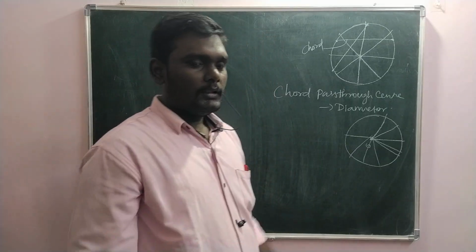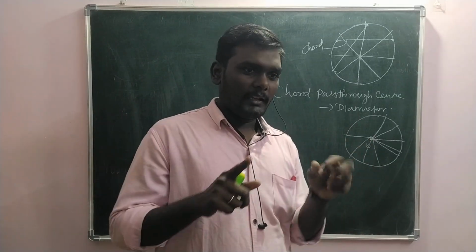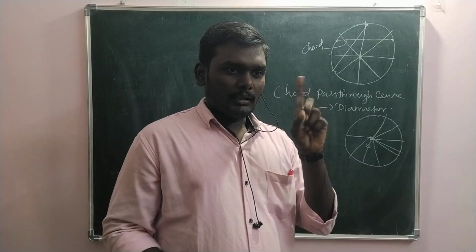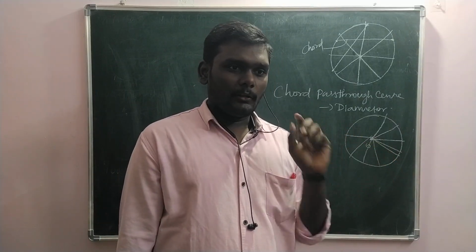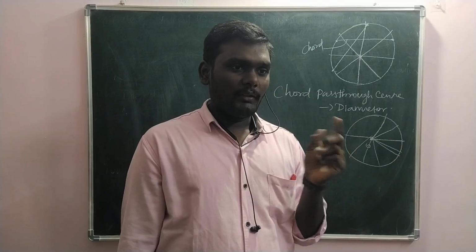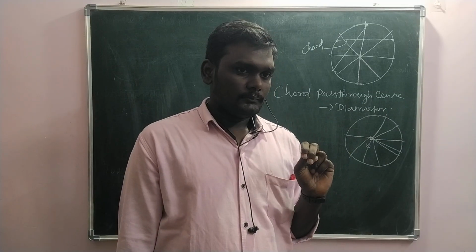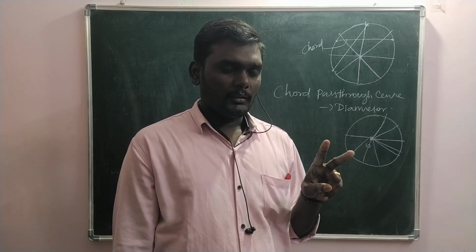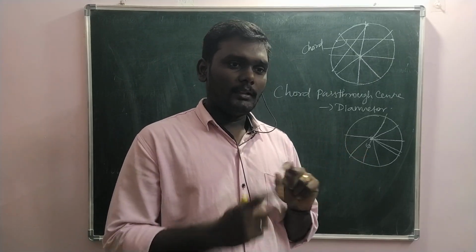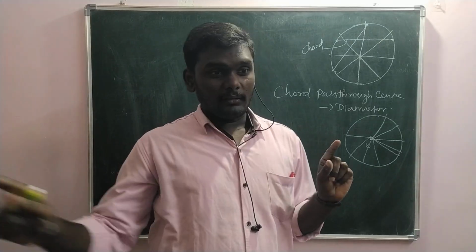So, the relationship between the circle and the line: the line is non-intersecting if it does not have any common point. It is called a secant if the line and circle have 2 common points. That means the line intersects the circle in 2 points, or we can phrase it as a line passing through 2 points on the circle.